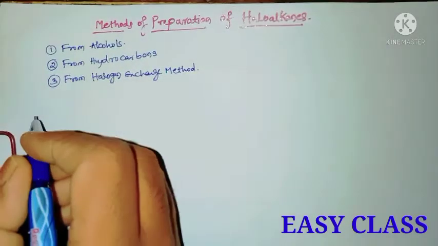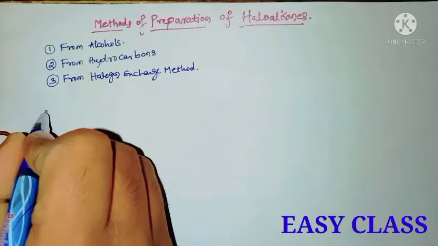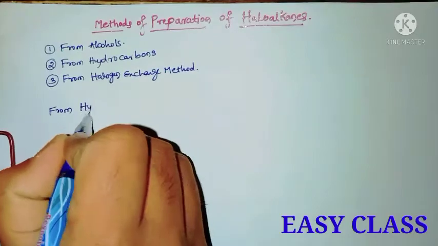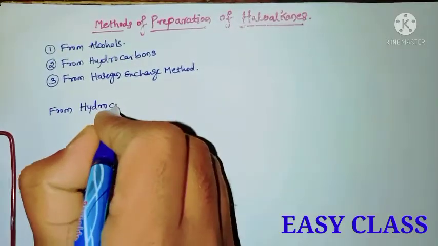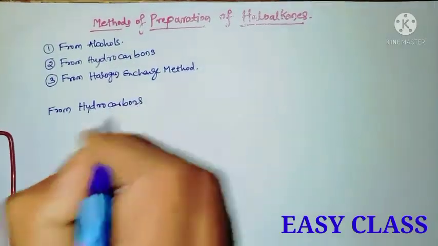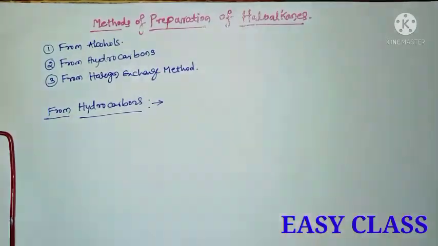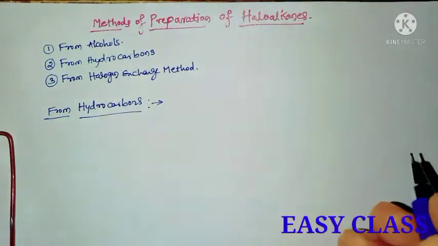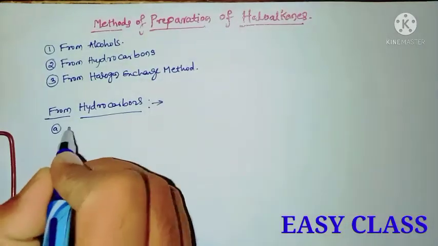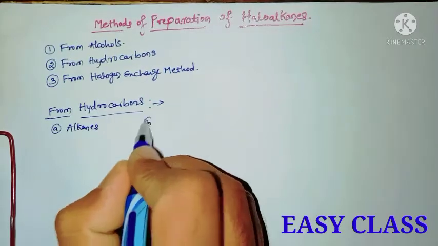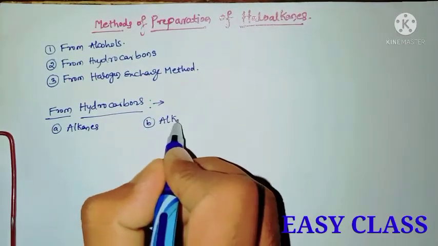In today's class, we are discussing how we will prepare haloalkanes from hydrocarbons. In hydrocarbons, we have two methods: the first is from alkanes, and the second is from alkenes.